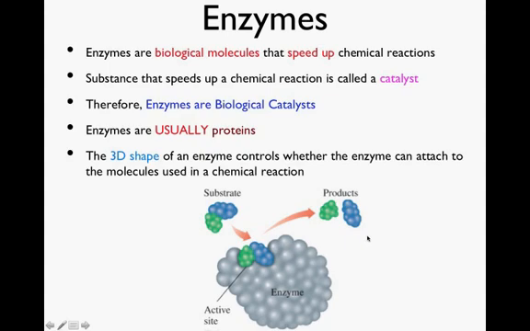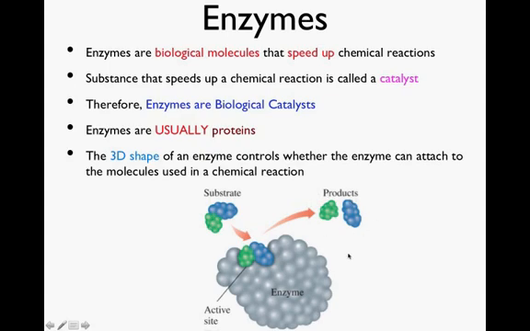You can see this is a very generic example, but our enzyme is taking this chemical, attaching to it, snapping it in 2, and then the 2 products go on their merry way somewhere inside of the cell to do something else. In this case, the enzyme's job is to make sure that this chemical is converted into these 2 products relatively quickly.